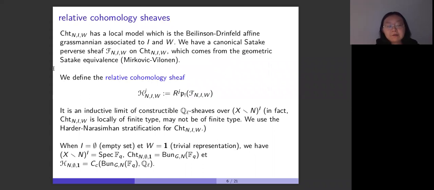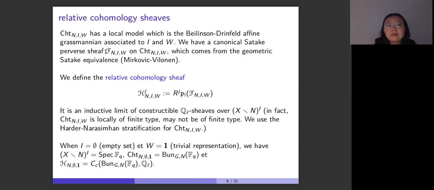So what sheaf do we consider on the stack of shtukas? The stack of shtukas has a local model, which is the Beilinson-Drinfeld affine Grassmannian associated to I and W. On the Beilinson-Drinfeld affine Grassmannian, we have the canonical Satake sheaf, which comes from the geometric Satake equivalence of Mirković and Vilonen. And we can pull back these Satake sheaves to shtukas.